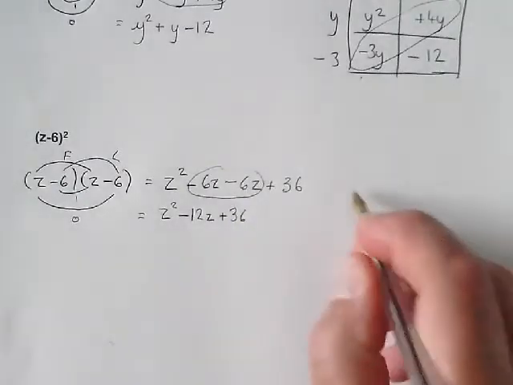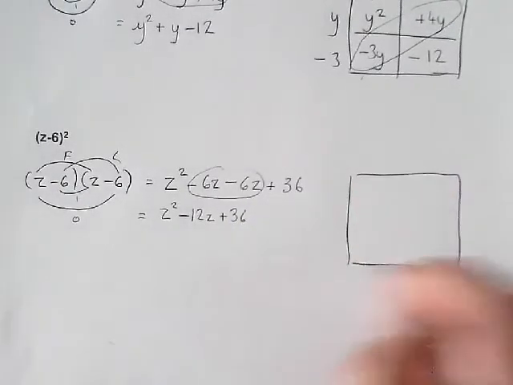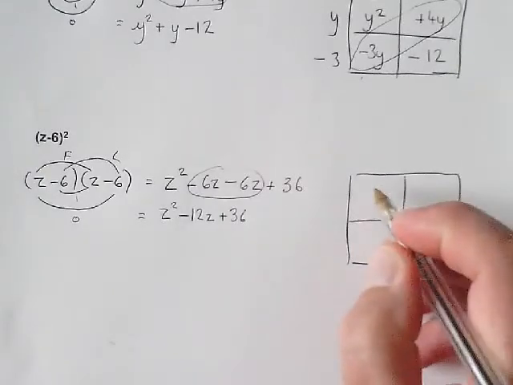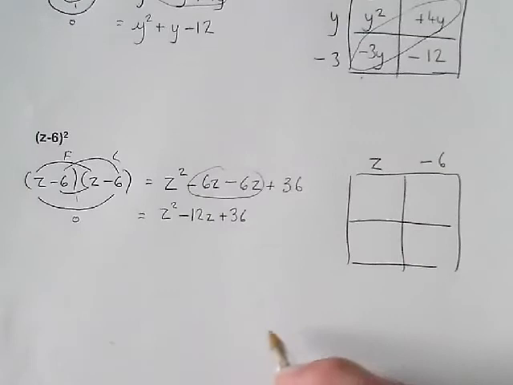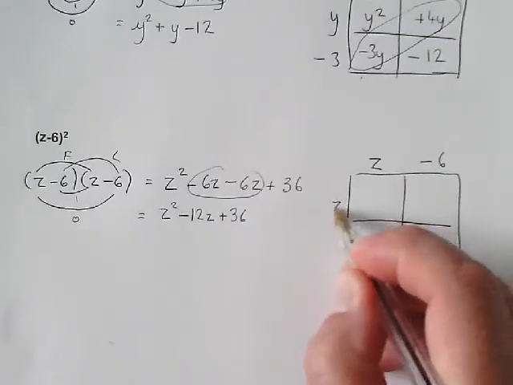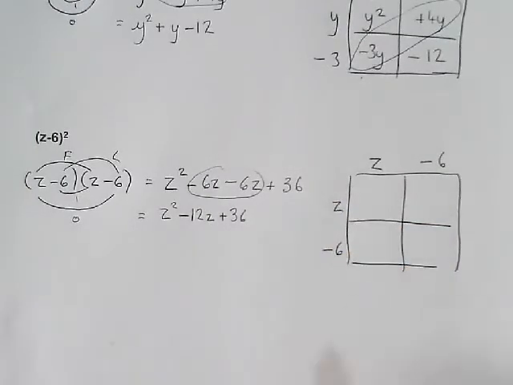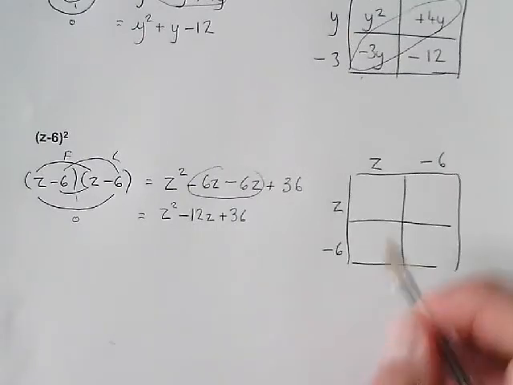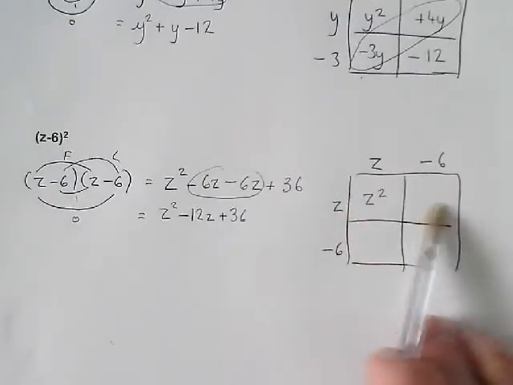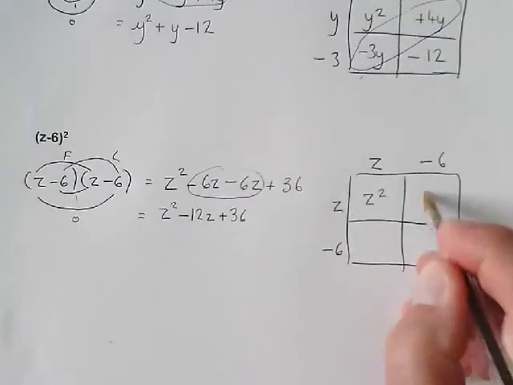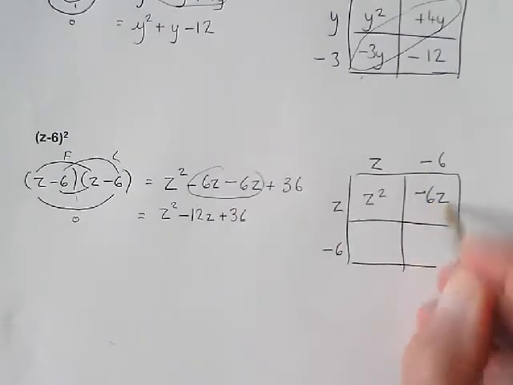Okay, so if I was doing this using the grid method, same as the previous two, bracket 1, z minus 6 would go along the top, bracket 2, z minus 6 down the side, and then I'd set about multiplying this out just as before, so z times z, z squared. Top right, minus 6 times z is minus 6z.